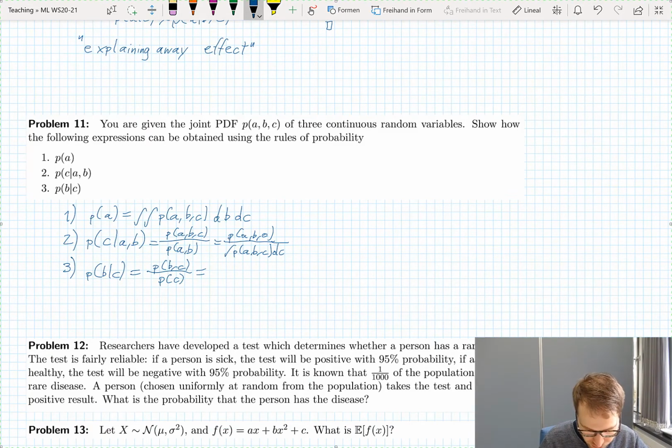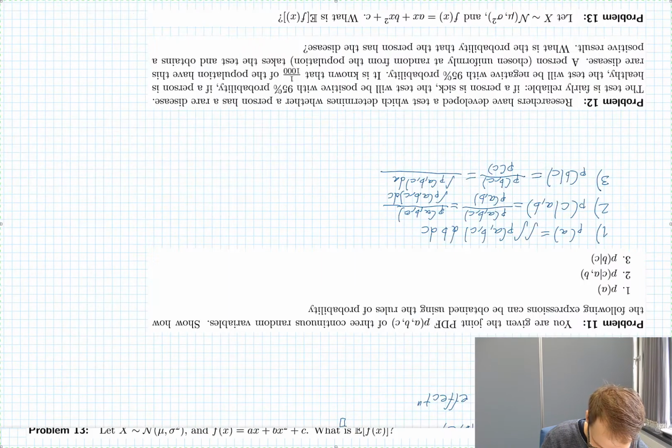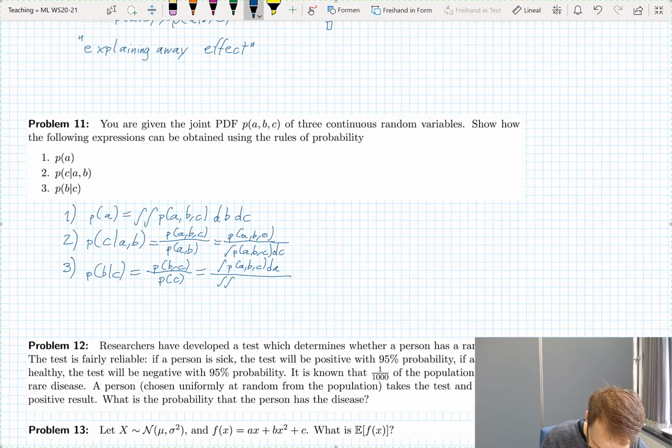The sum rule for continuous variables is integration, not summation. So the upper side we get by P of A, B, C, dA, and the lower half we get by 2 integrals, P of A, B, C, dA and dB. Okay, that's it.